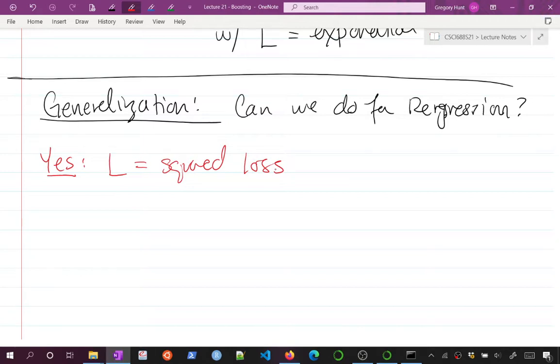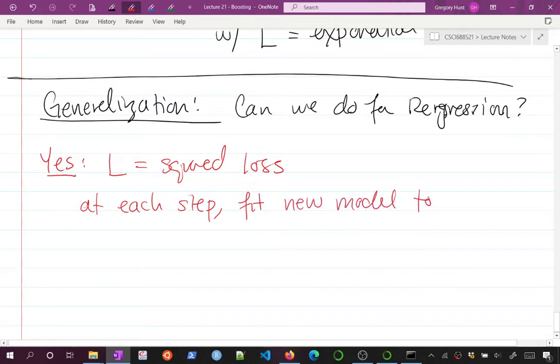The punchline here is that at each step, you fit a new model to the residuals of the previous one.